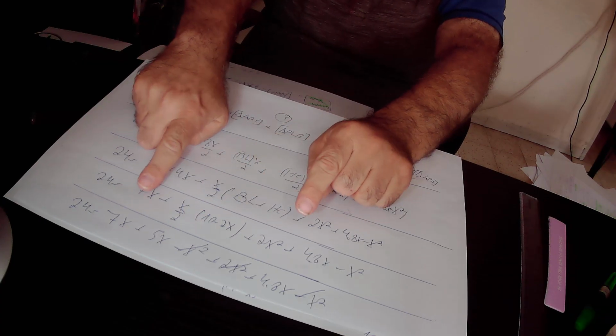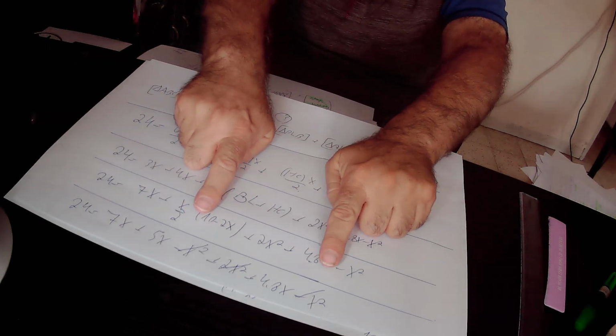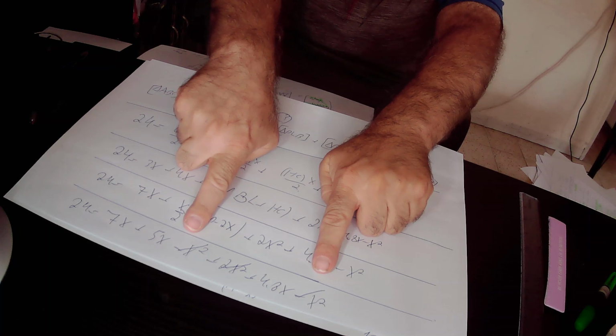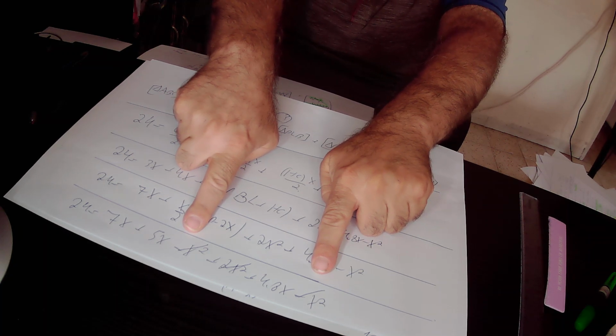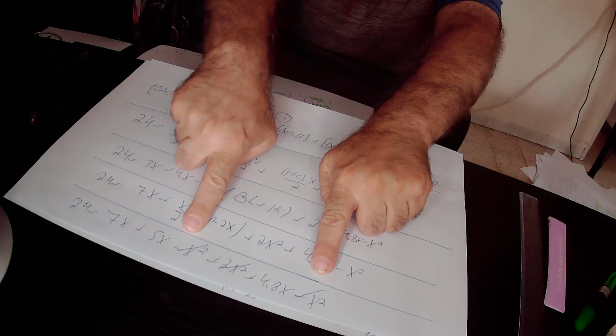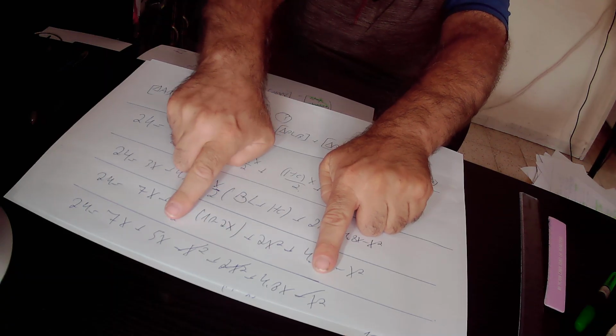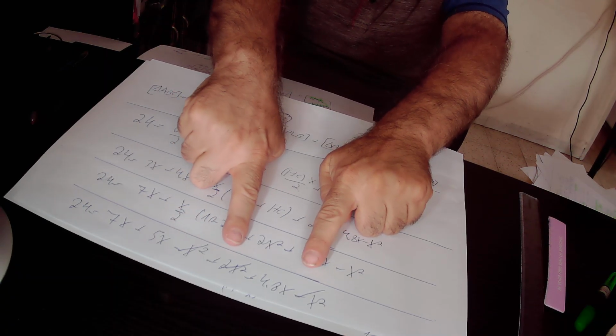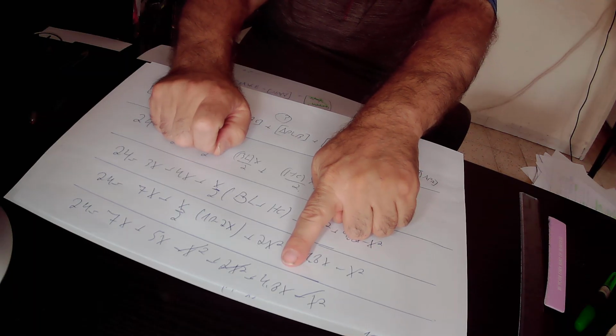Minus x squared minus x squared is minus 2x squared, and minus 2x squared plus 2x squared is 0. So those expressions get cancelled, and we have only 4.8x.